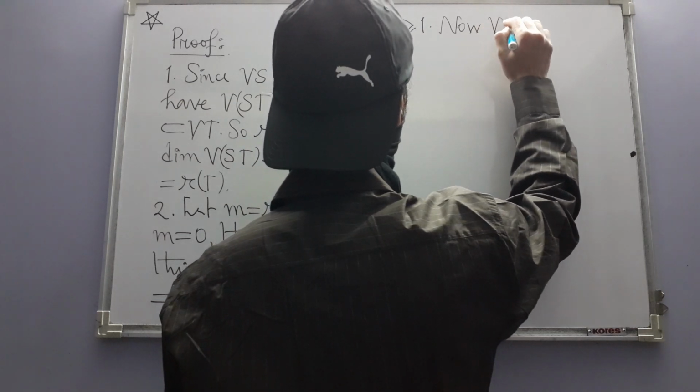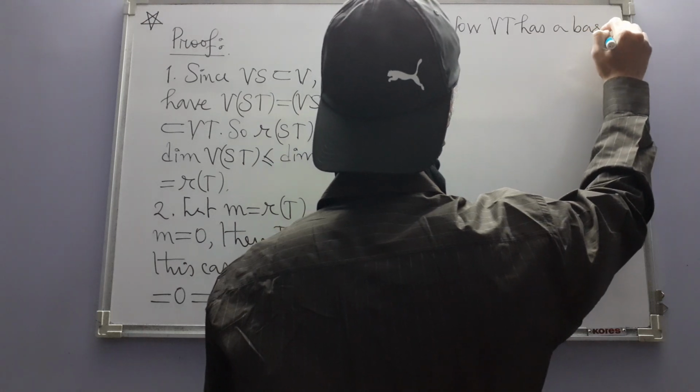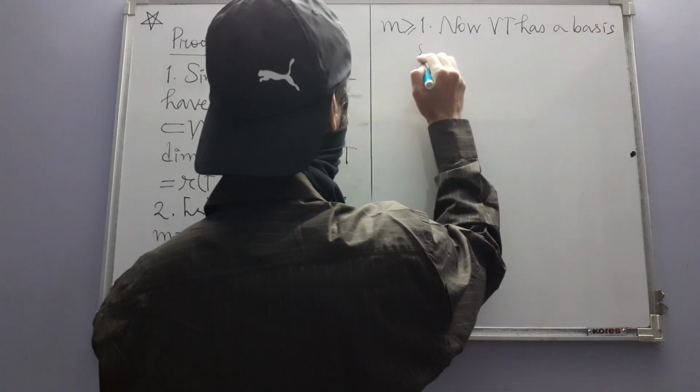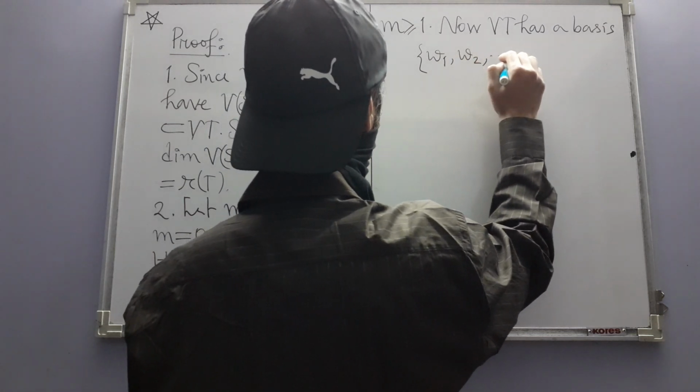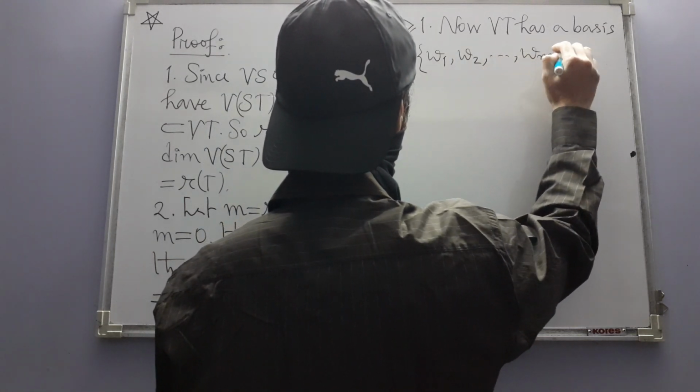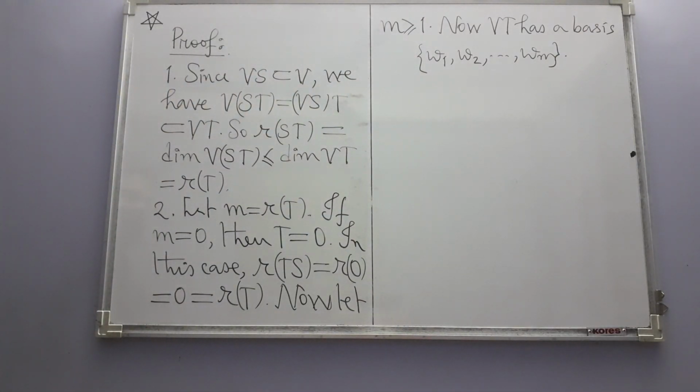Now Vt has a basis consisting of M elements.